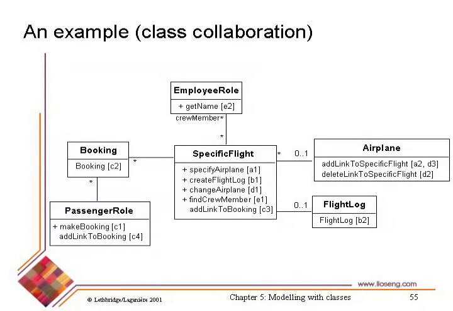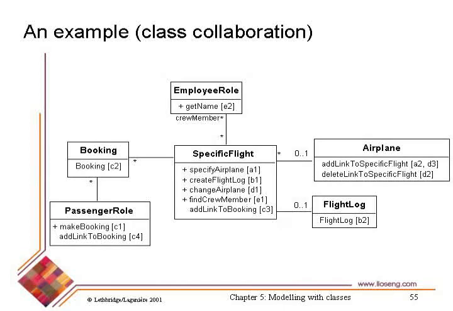And B1, create flight log. That's public. That is going to make use of the flight log constructor. I'm using flight log in capital letters indicating it's a constructor. That's B2.